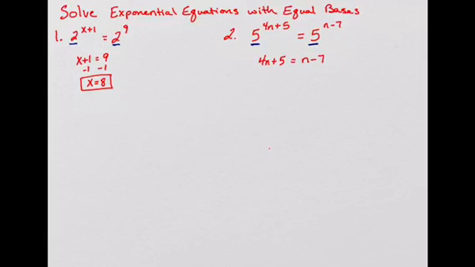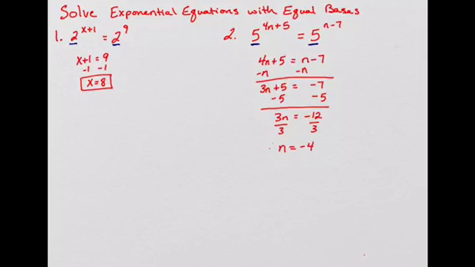So now to solve, I will subtract n from both sides. So 4n minus n is 3n. And then I need to get the n by itself, so I'm going to subtract 5 from both sides. So I get 3n equals negative 12. And then I divide both sides by 3. So I get n equals negative 4.